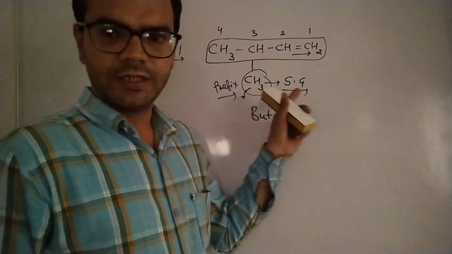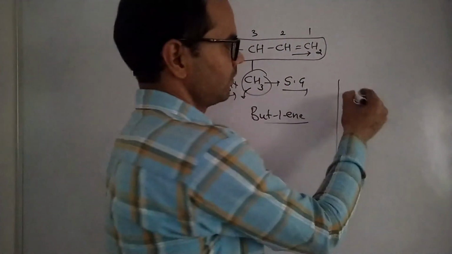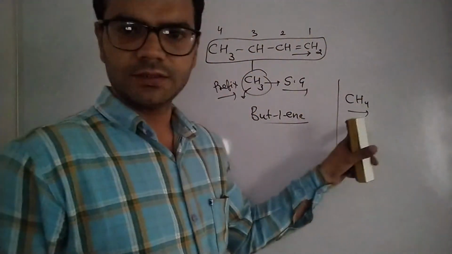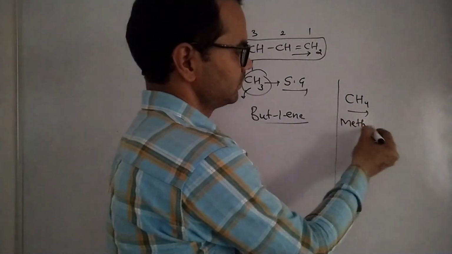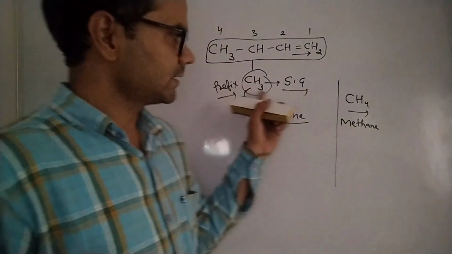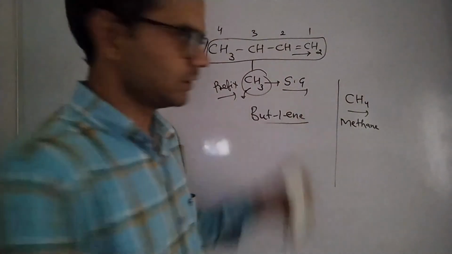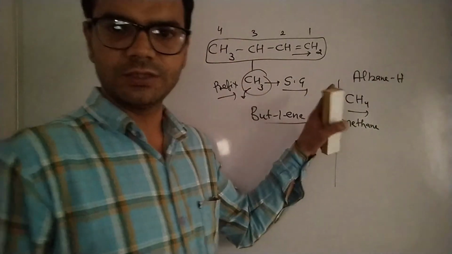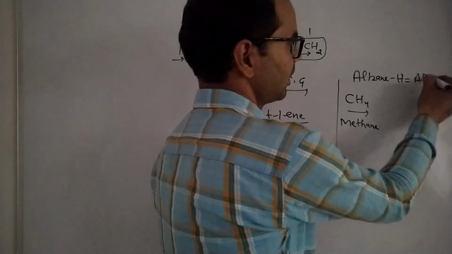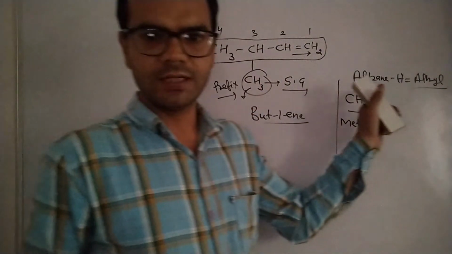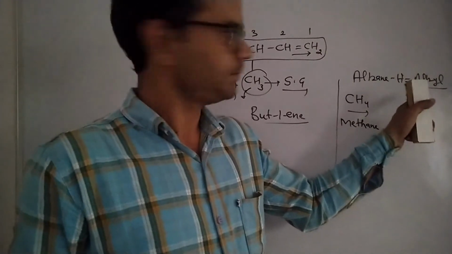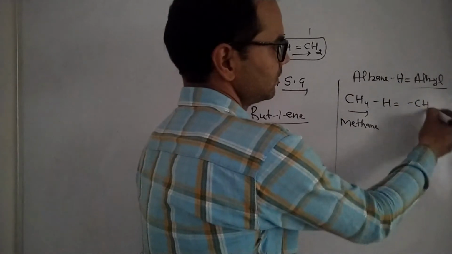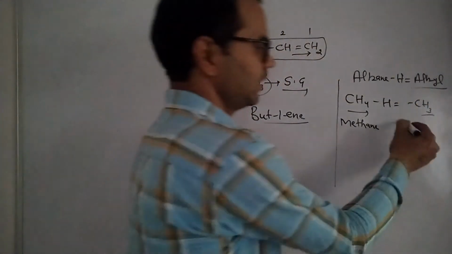Now how to give a name to substituent groups? We know the name of this compound. This is methane. But in CH3 and CH4 there is a difference of one hydrogen. So alkane minus one hydrogen is considered as alkyl. Alkane minus one hydrogen, the group is now called alkyl. So CH4 minus H gives CH3, so it will be methyl.